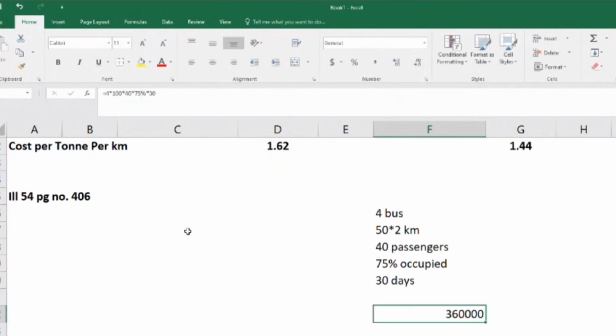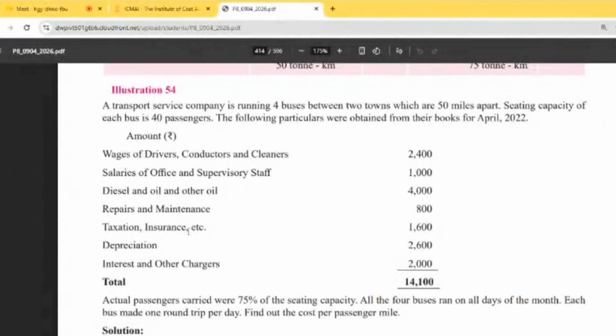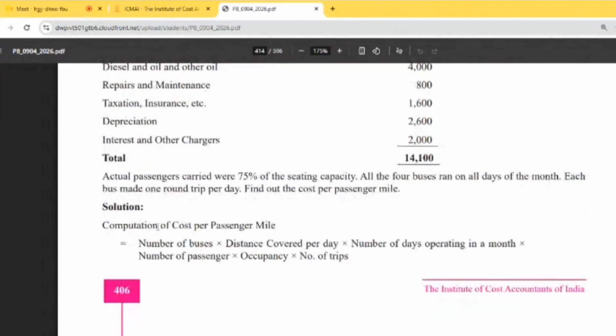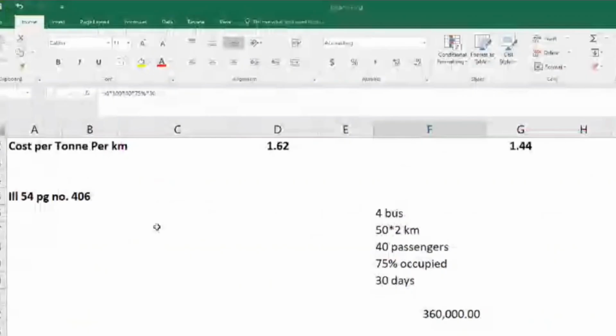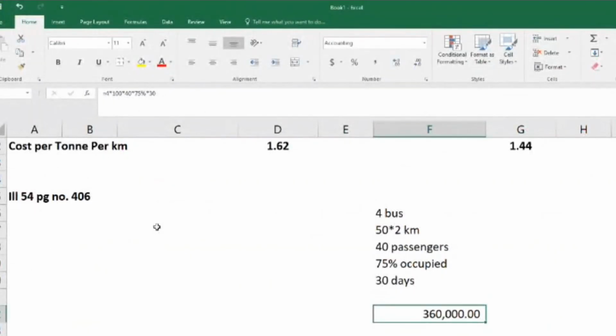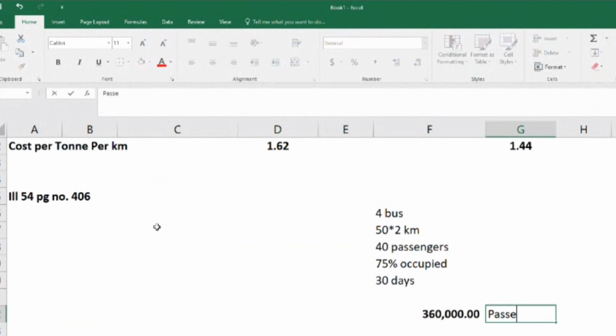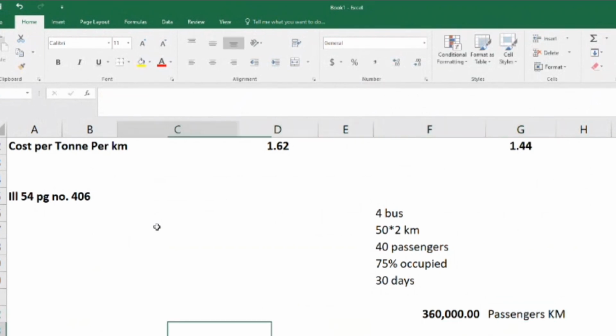You will be getting 3,60,000 passenger miles. Okay, passenger kilometers I will take.